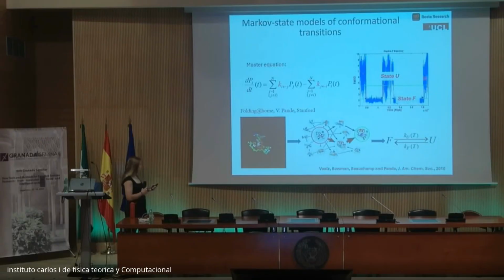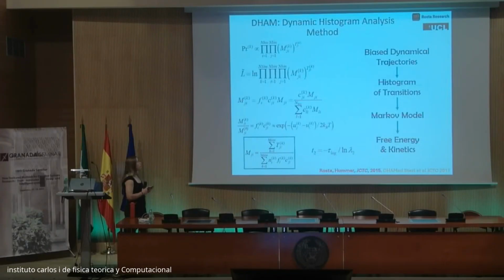However, in our case, we don't want to get to this very coarse grained picture because we have our finely discretized coordinates. So what we can do is use a similar approach. We can take our finely discretized coordinates and ask what is the most likely underlying Markov model that would give us back an unbiased Markovian system from our biased histogram transitions.